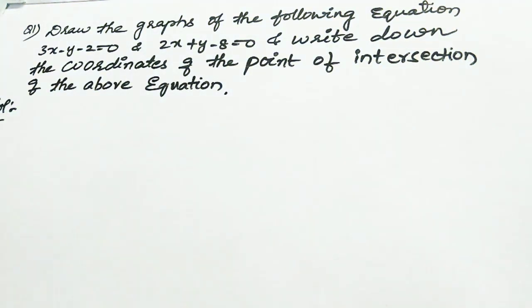Let's do some important problems that will come in your class 10th board exams. We will discuss some important problems which will help students prepare well for the 10th class exams. So, draw the graphs of the following equations: 3x minus y minus 2 equal to 0 and 2x plus y minus 8 equal to 0.